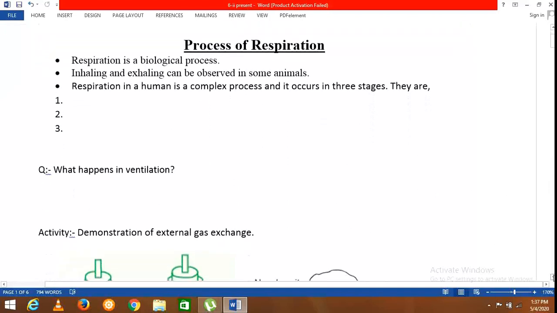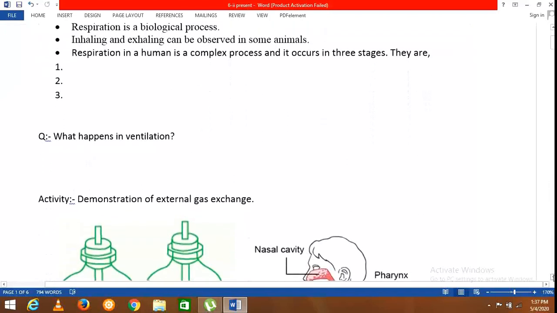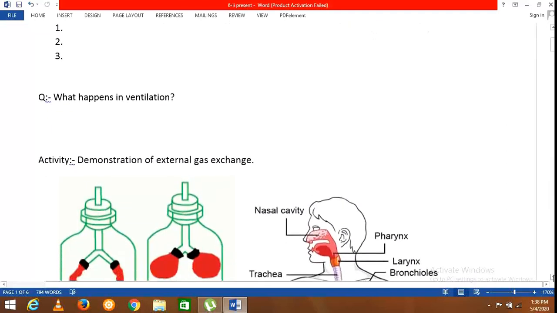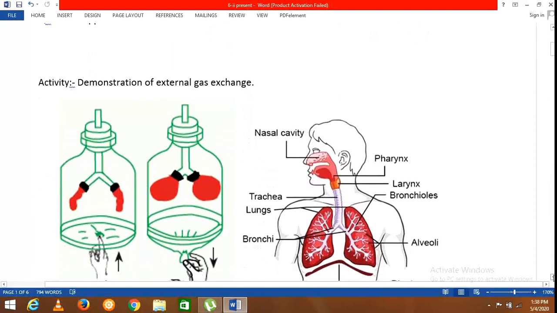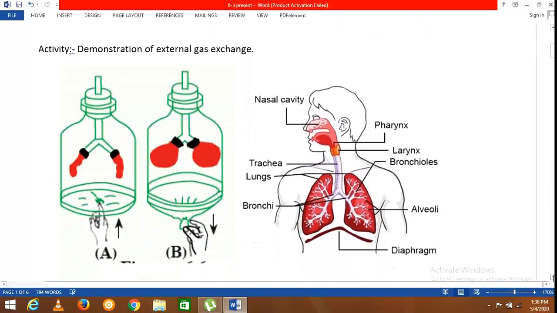In order to demonstrate this external gaseous exchange, we can use a model or a setup like this. I have given diagrams of the setup that can be used, as well as the structure of the respiratory system, so we can compare these two.